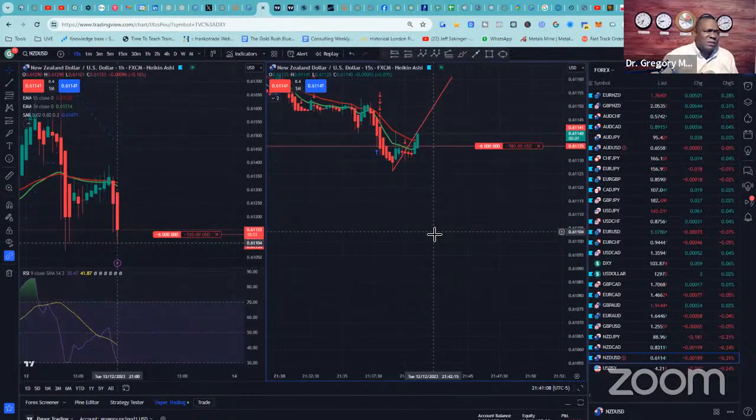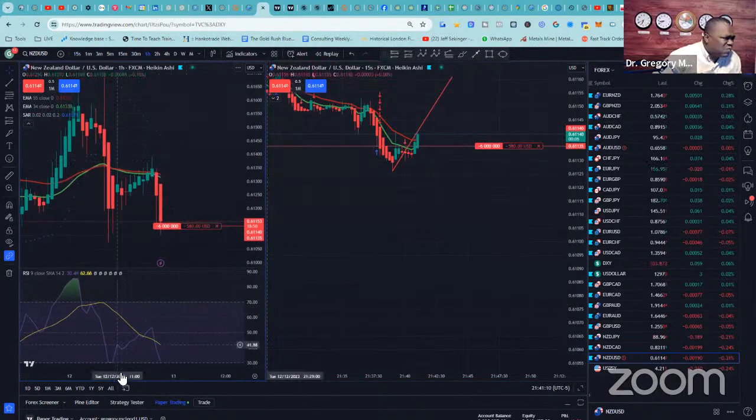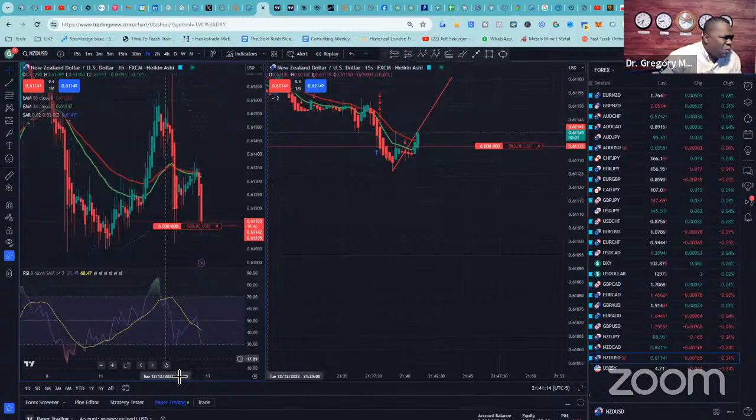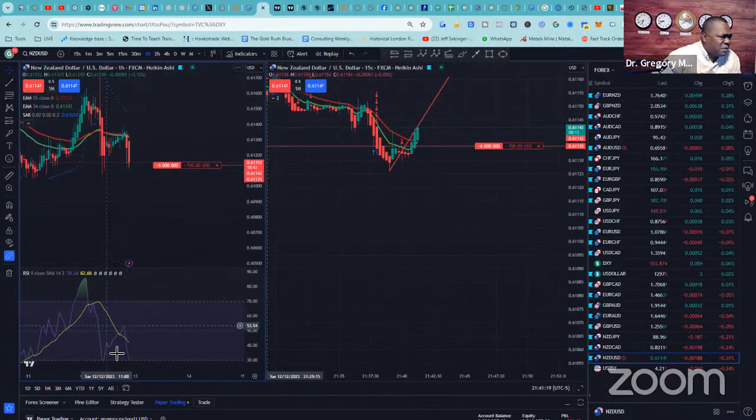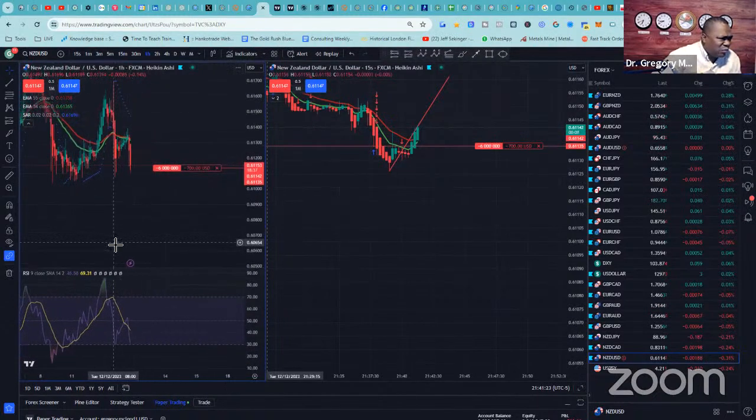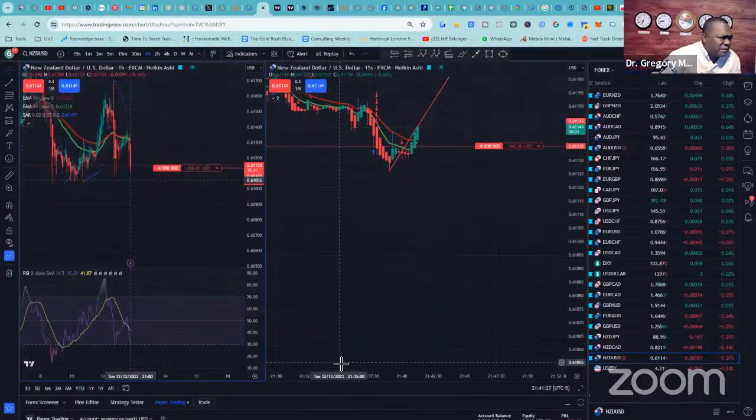So we're so close to this support. And is there enough volume during Asia to break it? Let's think about it.